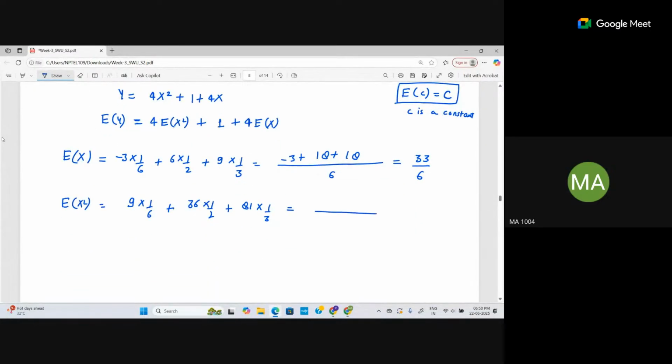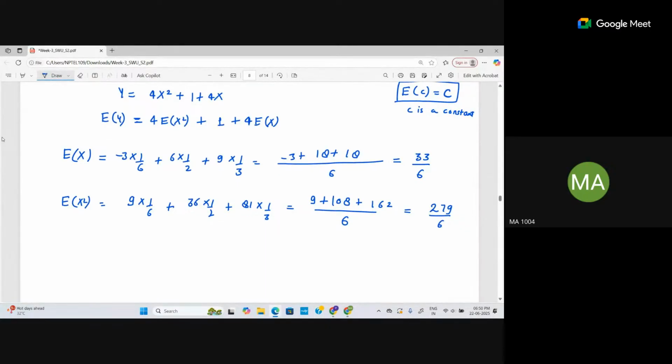Again solve this. So this is 6. This will be 162. Right?